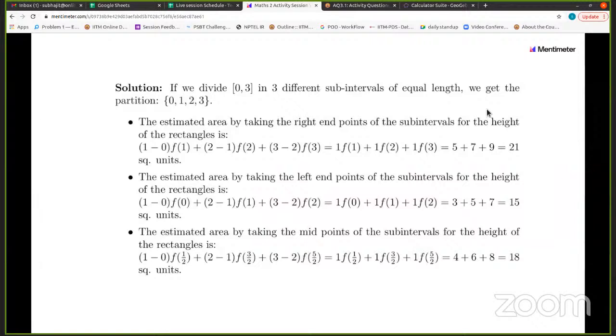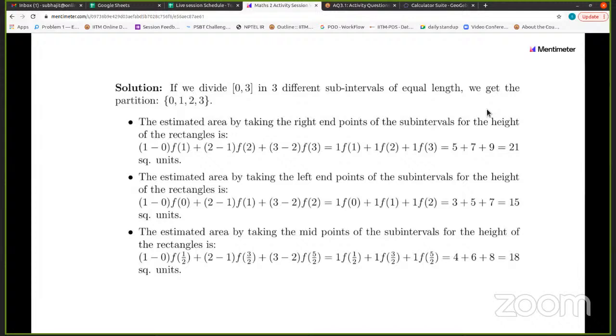So I will take those points as my left points, and I will consider the rectangles and calculate the area of those rectangles. That is the motivation for the left end points. And for the right end point, what do we do? 0 to 1, 1 is the right hand point, 1 to 2, 2 is the right hand point, 2 to 3, 3 is the right hand point. And I will take the functional value at that point as the height of the rectangle, and the length of the sub-intervals is 1 in each case here, because the length is equal.